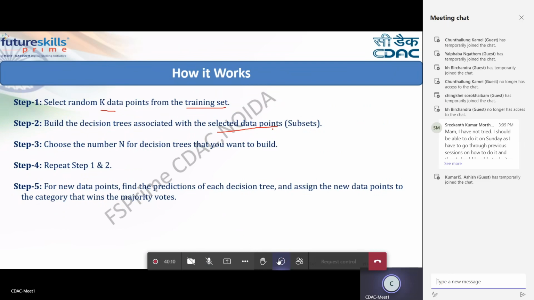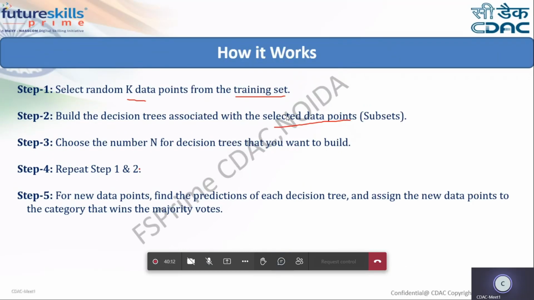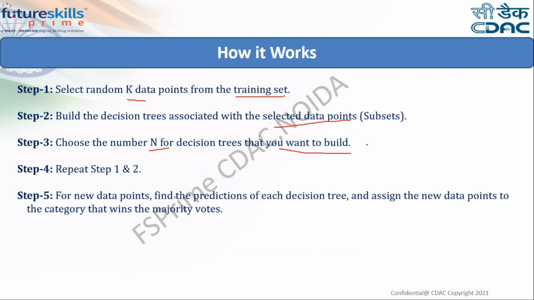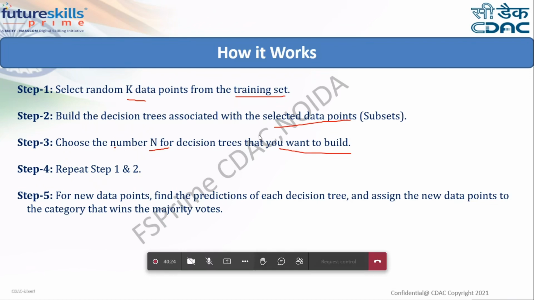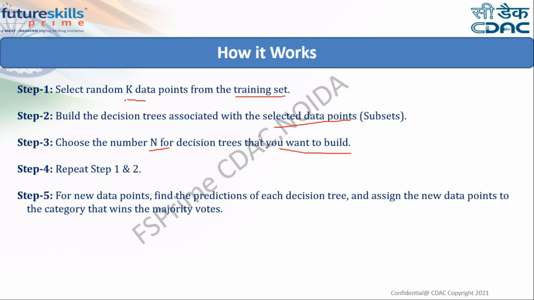Now you have to select the number of decision trees that you want to build. You have to tell whether you want 5 decision trees, 10 decision trees, or how many. Then repeat steps 1 and 2, because for every decision tree you have to give the data points and select the subset.